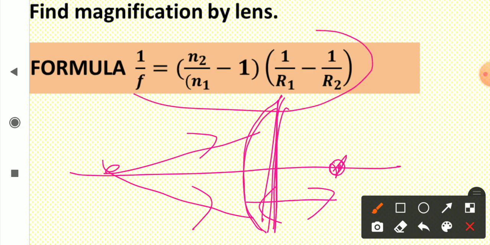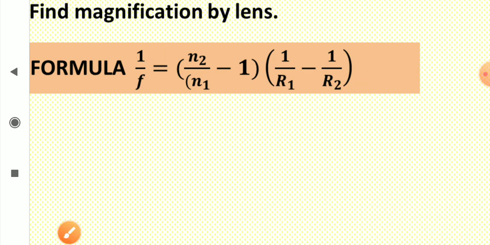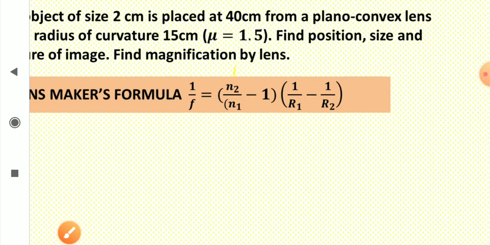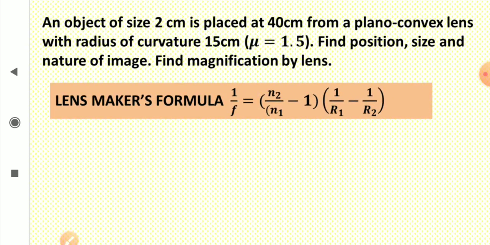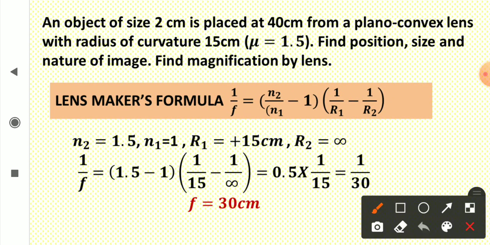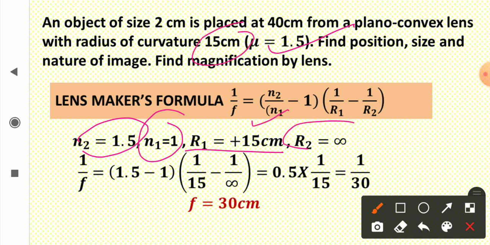So all these values we can put in the lens maker's formula. Now n2 is 1.5, n1 is 1 for air, R1 is plus 15 centimeter, and R2 is infinite.